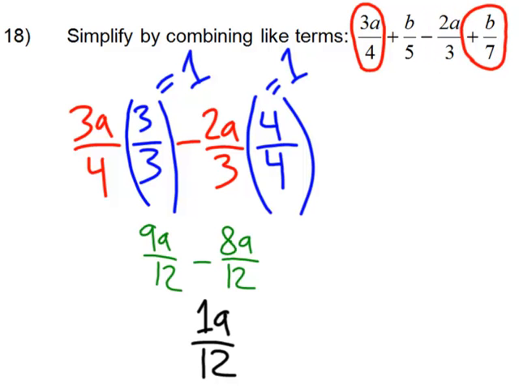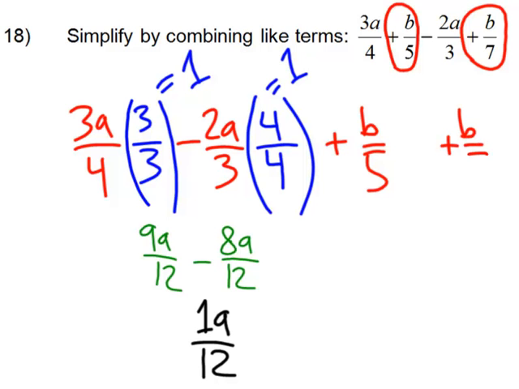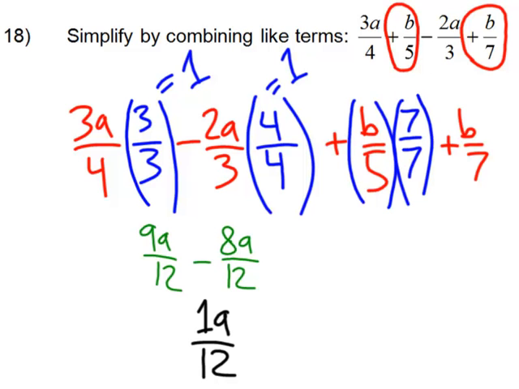All right, we've got plus b over 5 and then plus b over 7. We're going to basically do the same idea here. Once again, we look at our denominators of 5 and 7, and our common denominator is 35. That means the first of the b terms gets multiplied by 7 over 7, and the second one will be multiplied by 5 over 5. I'm going a little more quickly this time.